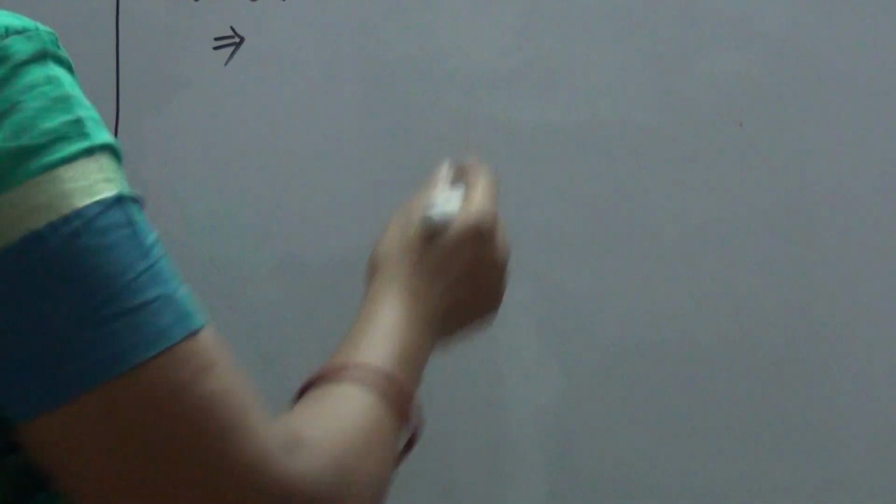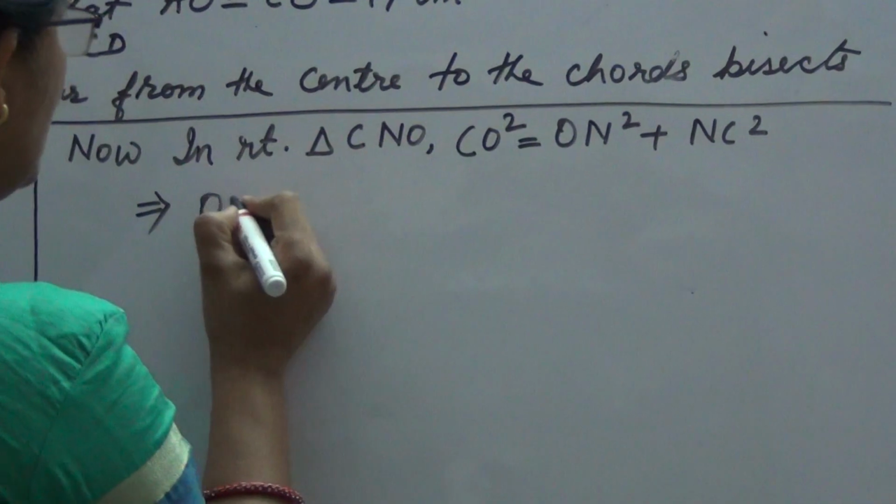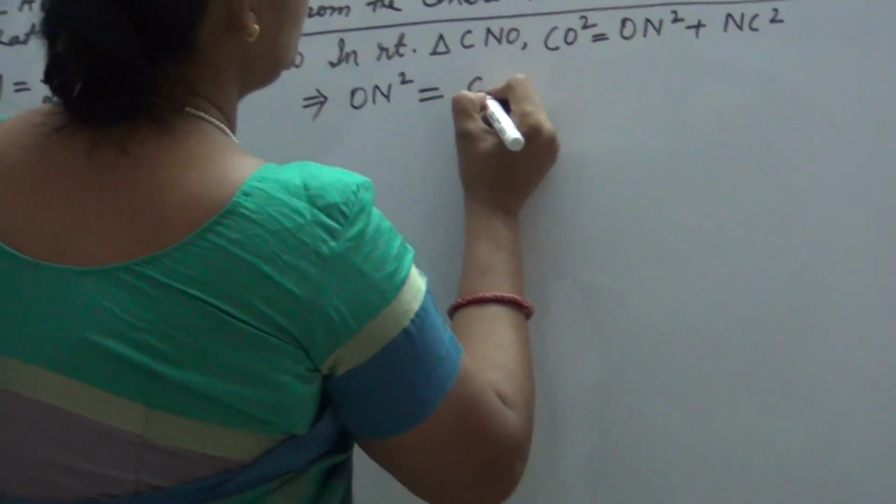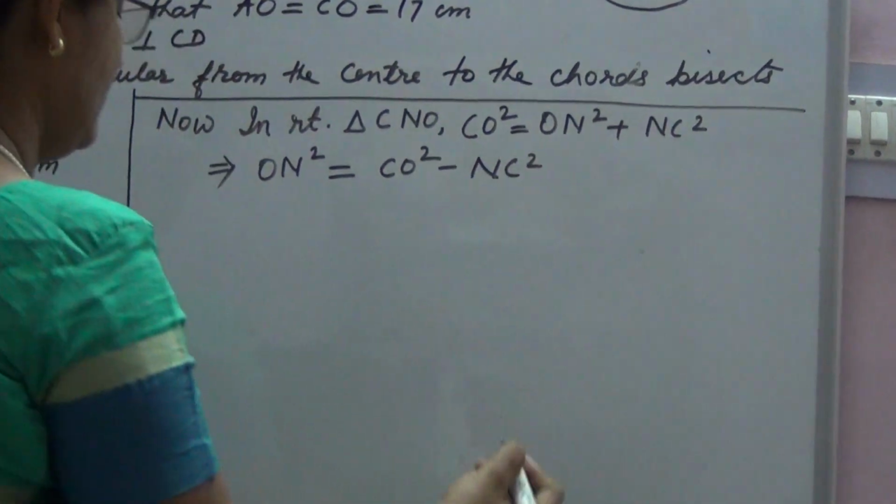This implies that we have to find ON, so we keep it on the left hand side: ON square is equal to CO square minus NC square.